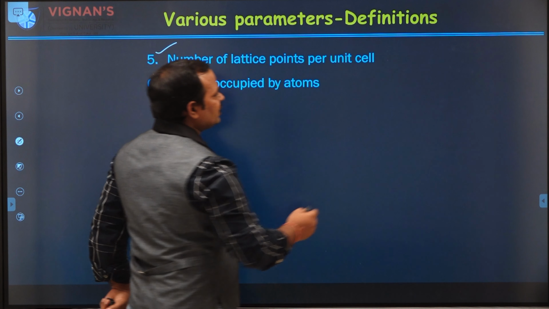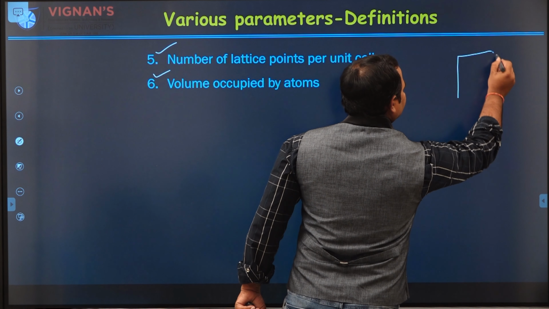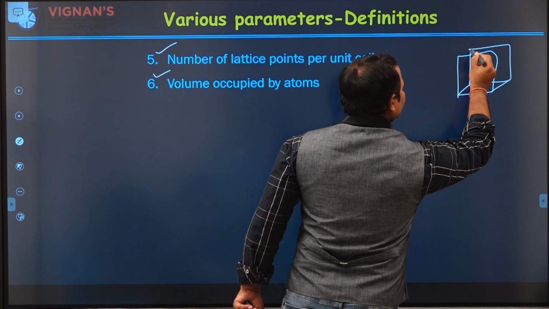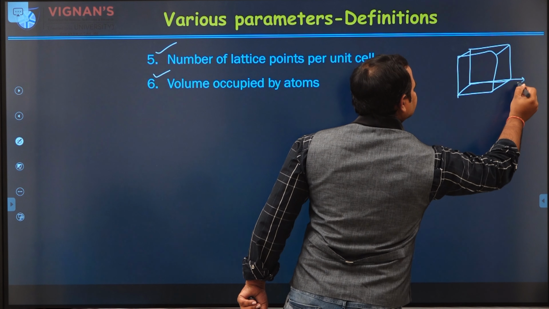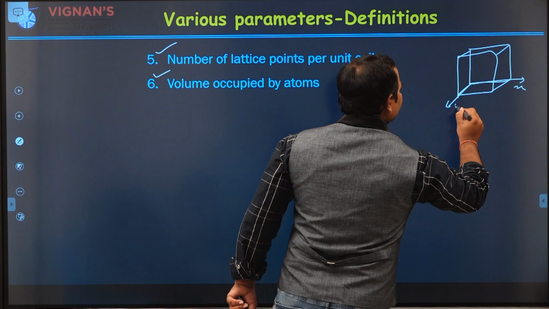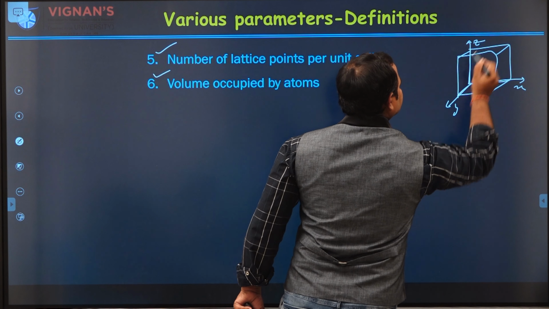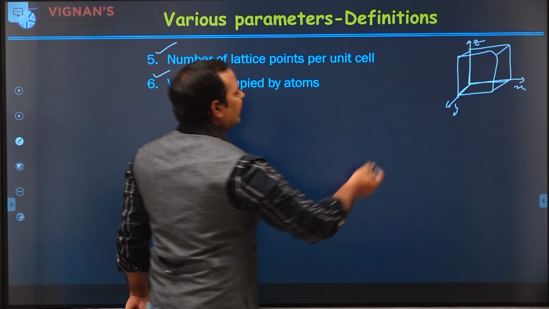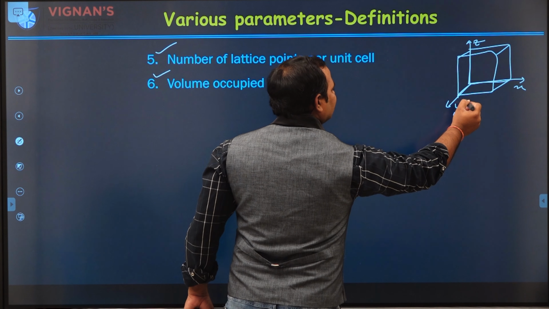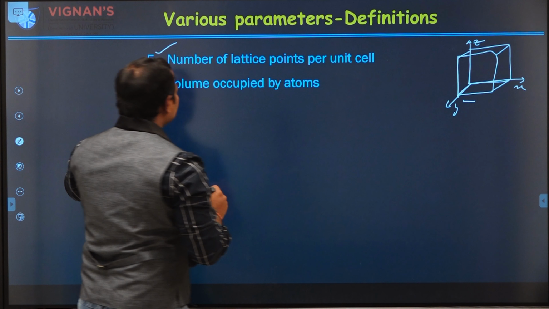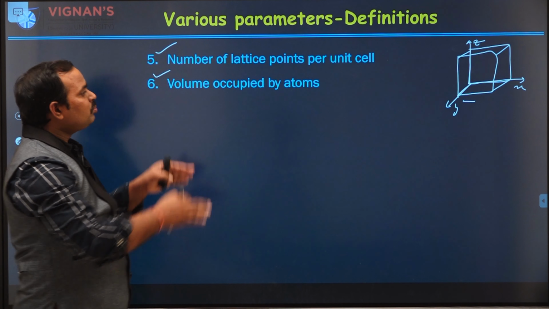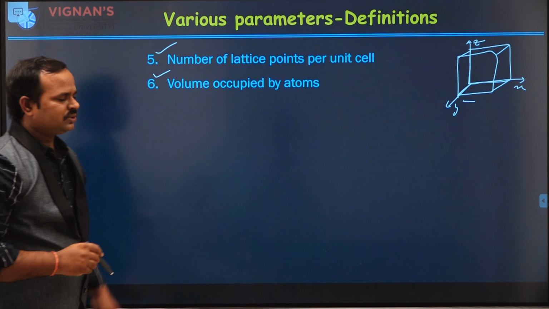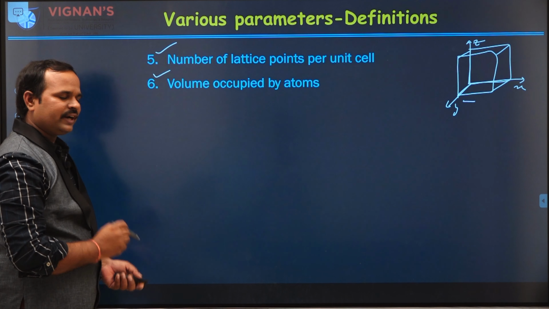For example, we have a unit cell, this is the x-axis, this is the y-axis, this is the z-axis. We can find out how many atoms there are per unit cell, and how much volume of this unit cell is occupied by these atoms.